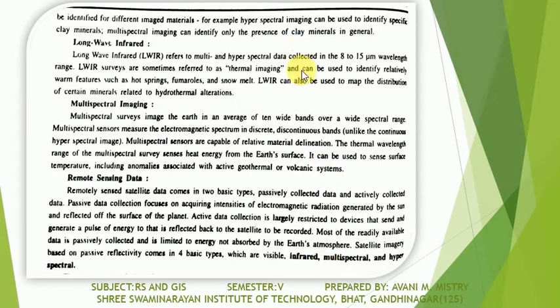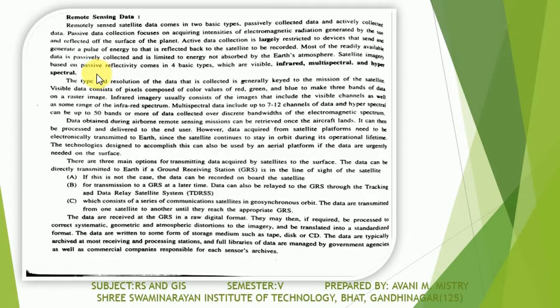Remote sensing data. The remote sensing satellite data comes in two basic types: passively collected data or actively collected data. Passive data collection focuses on acquiring the intensity of electromagnetic radiation generated by the sun and reflected off the surface of the planet.